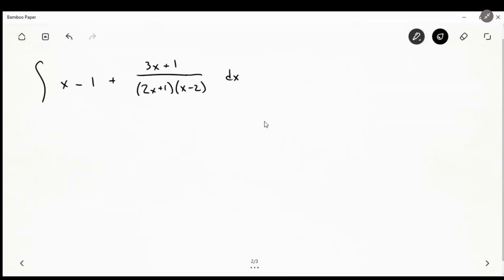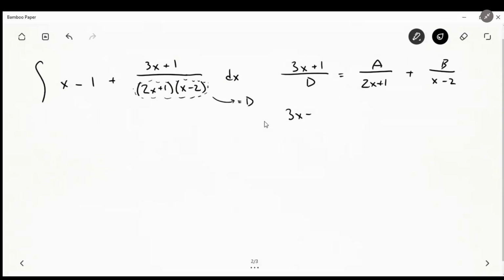So now we're going to do partial fraction decomposition. So to do that, we'll say 3x plus 1 over, and to save us some time, I'm just going to call it D, our denominator. So this is going to equal A over 2x plus 1 plus B over x minus 2.